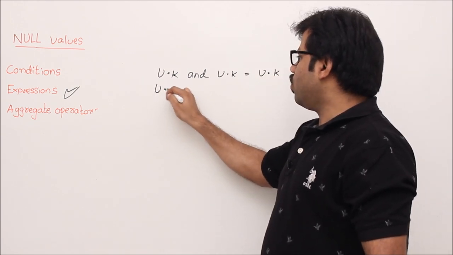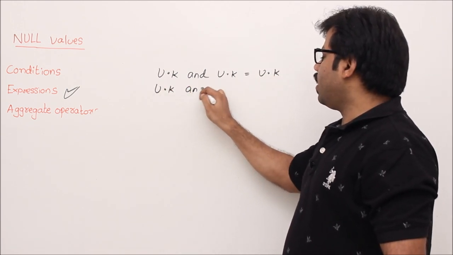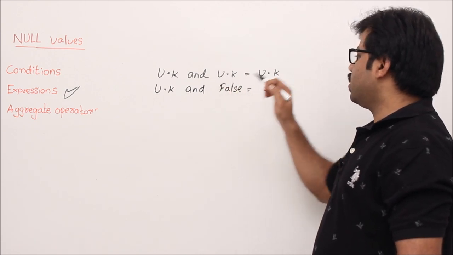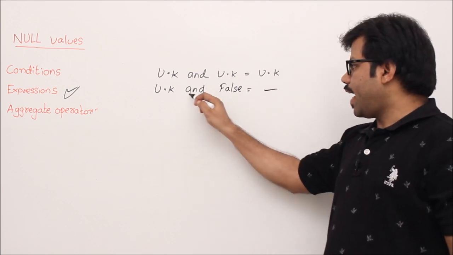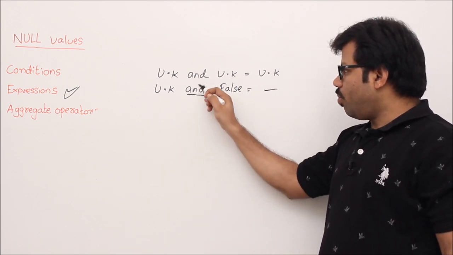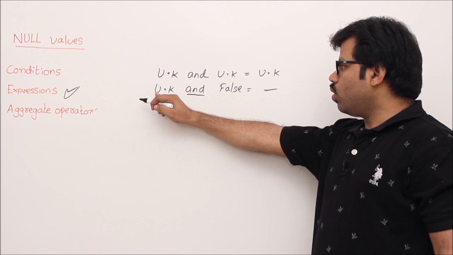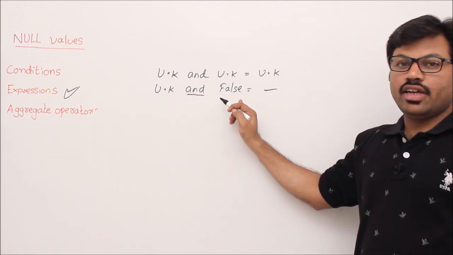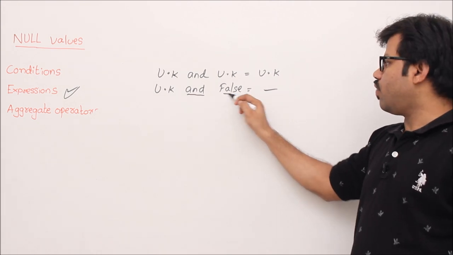If you have one expression unknown and another expression false, what is unknown AND false? Remember, it is the AND operator, right? The AND operator is evaluated to true only if both the left side and right side expressions are evaluated to true, correct? So already this is false.